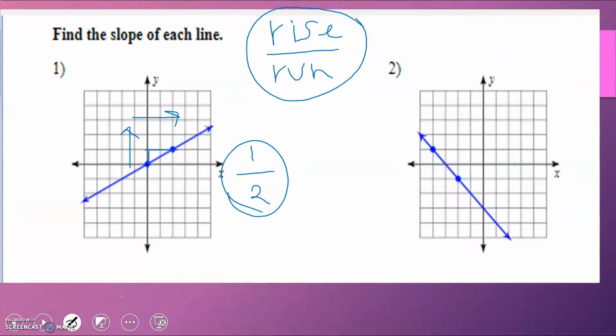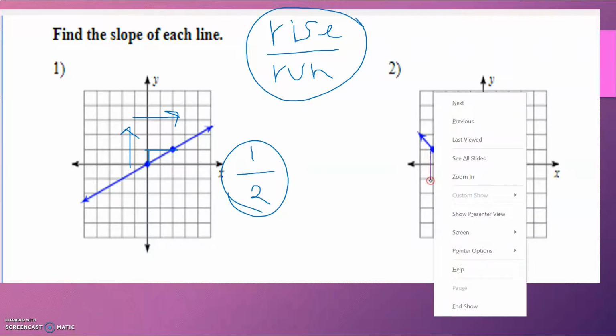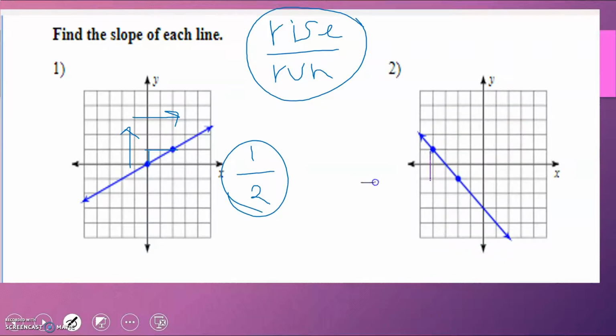All right, let's look at number 2. So we're going to start with this point, and we're going to go down 2, and because we're going down, it's a -2. So we went down 2, and then we go over 2 to the right, and remember, right is positive. So it's a -2 divided by 2. That's going to give us a -1.